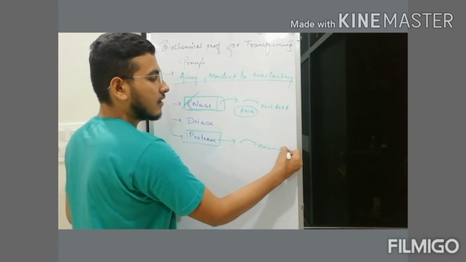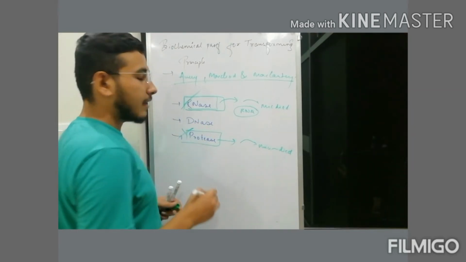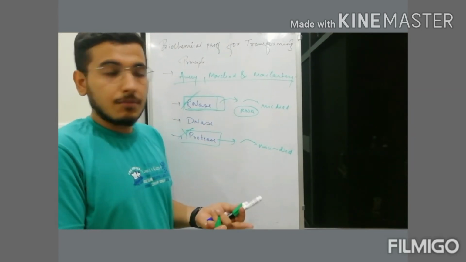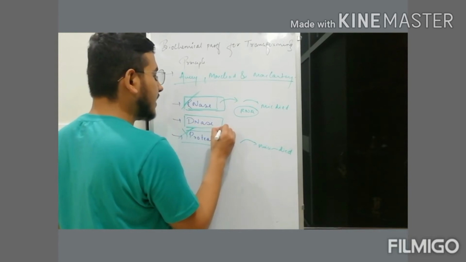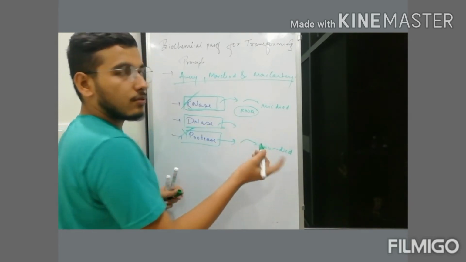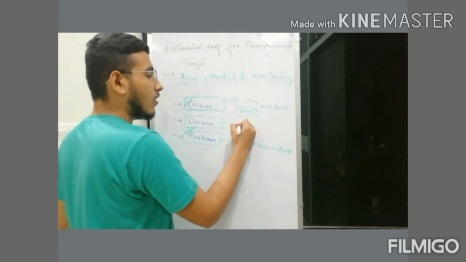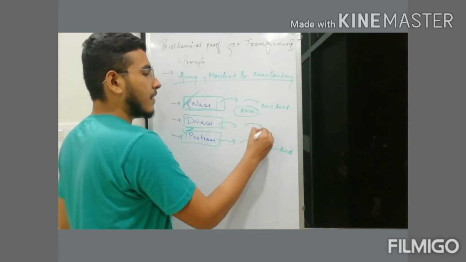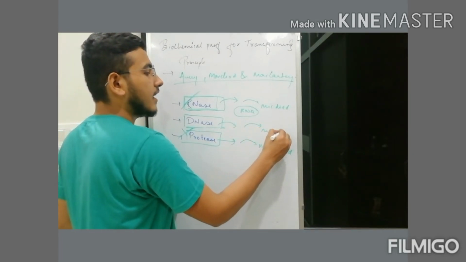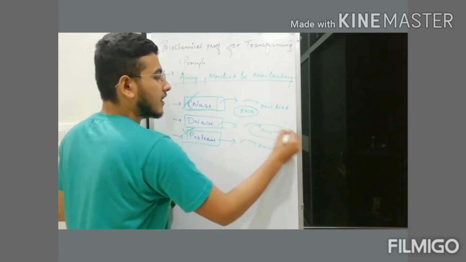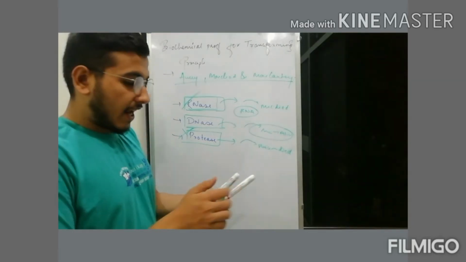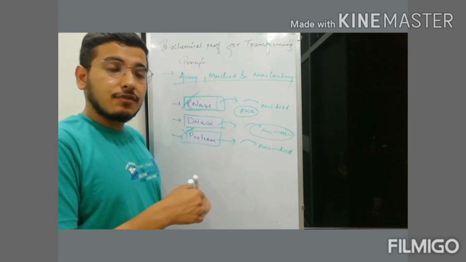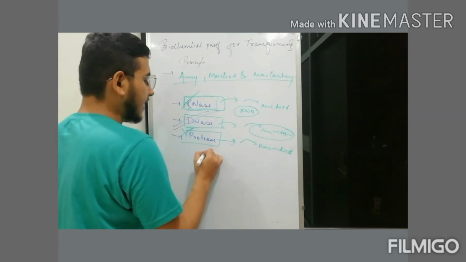Mice died, meaning protein is also not the material that is getting transformed. At last they took DNase, and when DNase acted, all the DNA material was degraded and then injected into mice. Then mice were alive. From this they concluded that what was getting transformed was DNA.